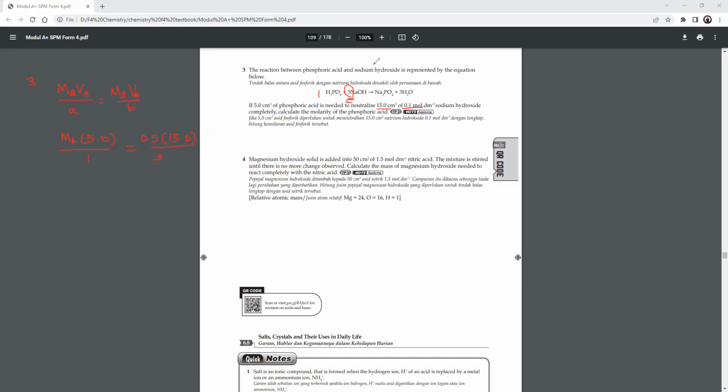Oh, I see what's wrong. Molarity is 0.1, I wrote 0.5. 0.1 divided by 5. Yes, 0.1. You're right. mol dm-3.